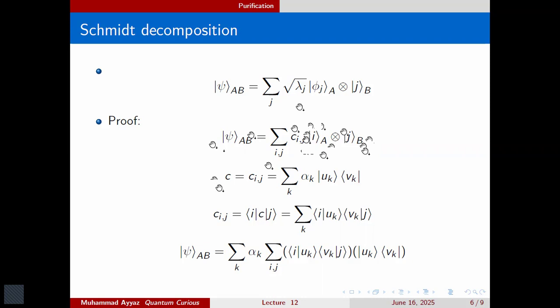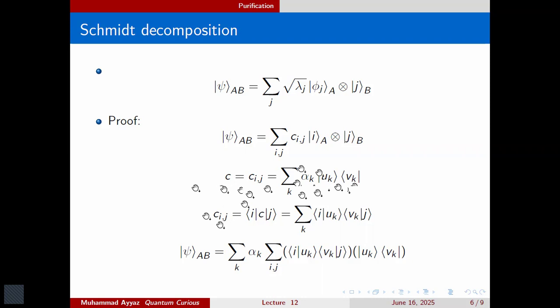So we start with the matrix of expansion coefficients, and we can build the singular value decomposition of that matrix, where u k and v k are singular vectors and alpha k are singular values of that matrix. So we want to know the specific element of that matrix C.